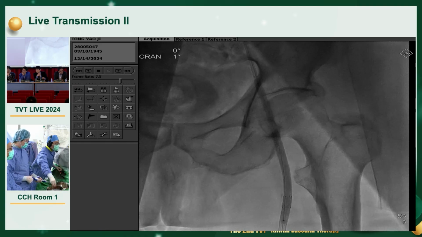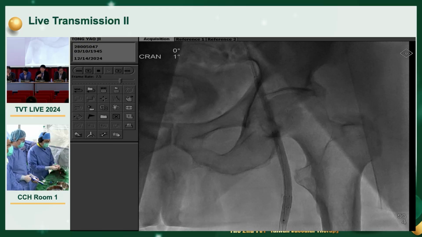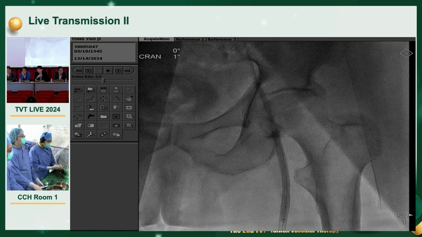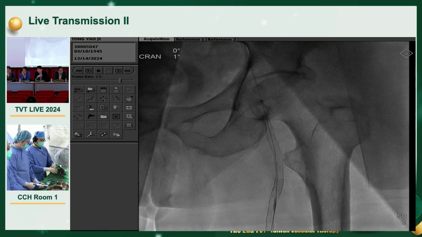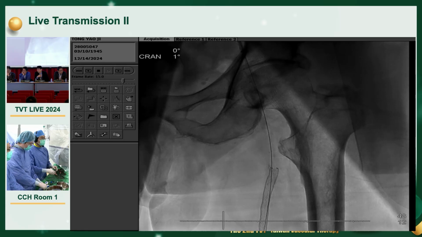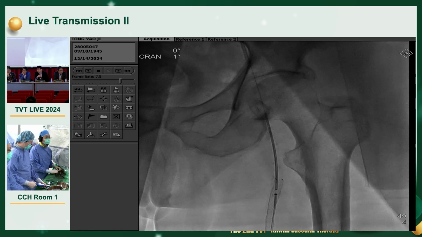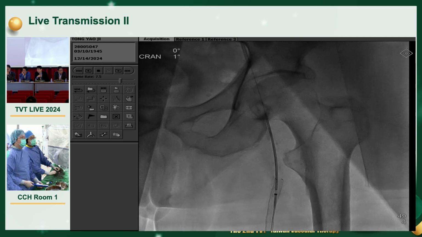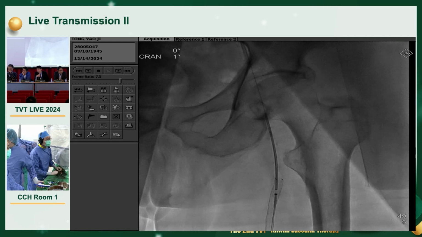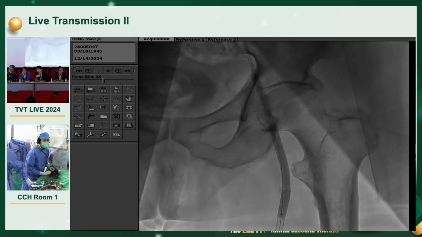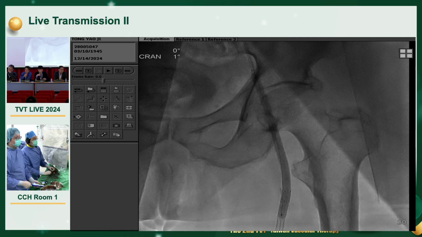No second wiring to the profunda, because we choose not to cross over the ostium. So we use this DEB to cover the ostium, right? Can you show the angio again? Now the DEB is inflated for 20 seconds.